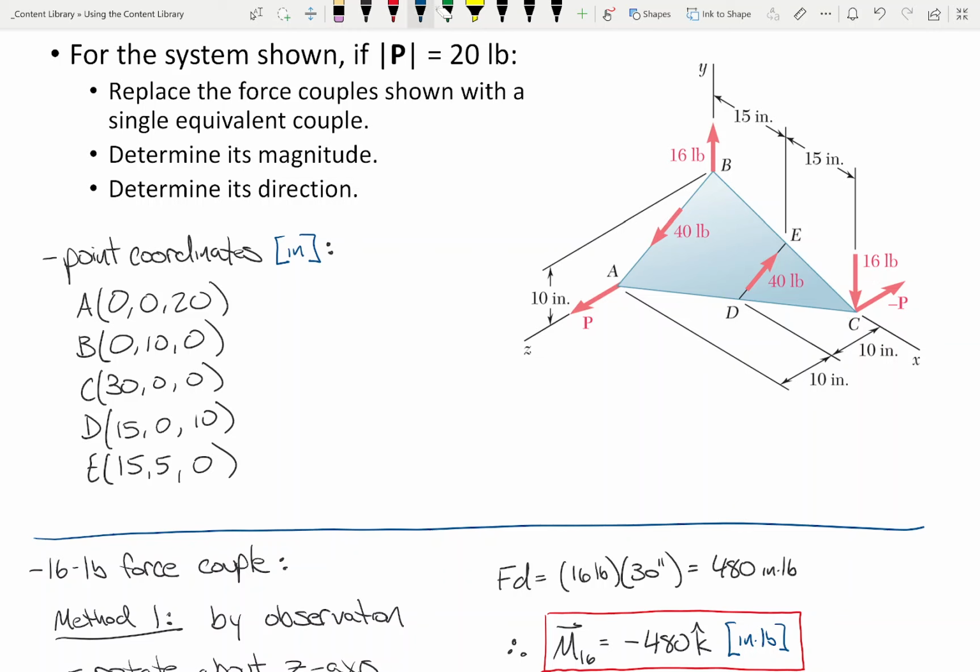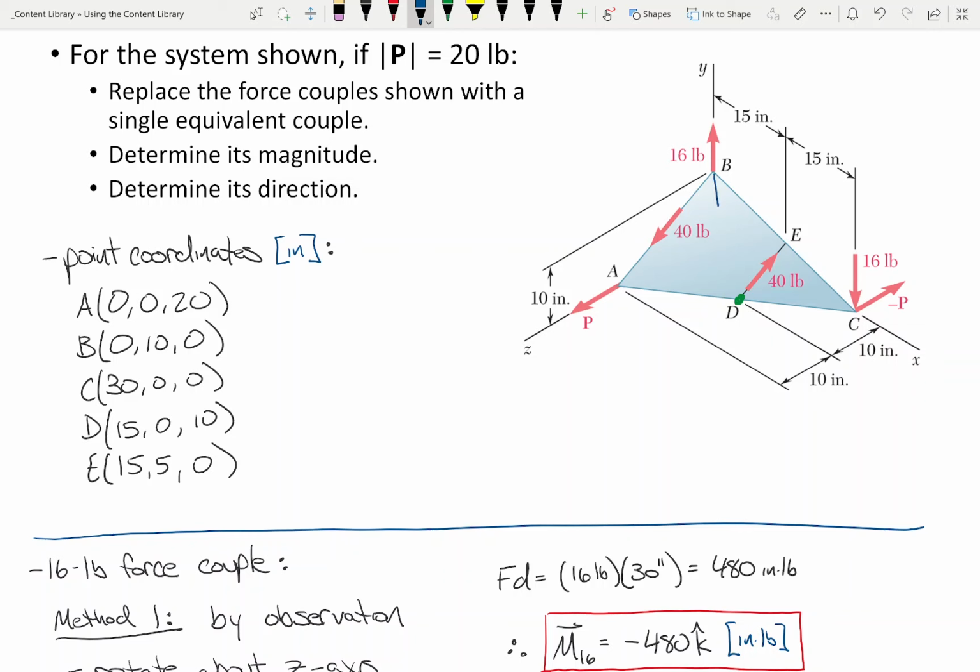So what I'm going to do is, again, we can either sum moments about B, and say this is our force vector, and then R goes from here to here, or maybe sum moments about here, that's our force vector, and R goes this way. We're going to get the same answer either way. It doesn't matter, okay? So I think what I did is I summed moments about here.